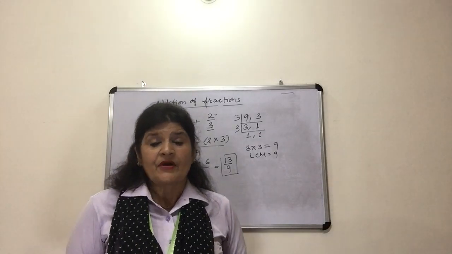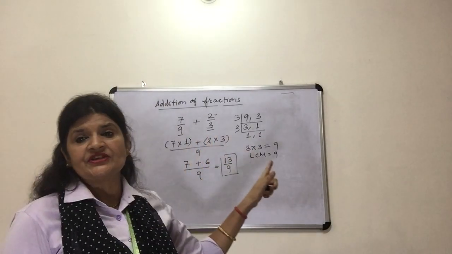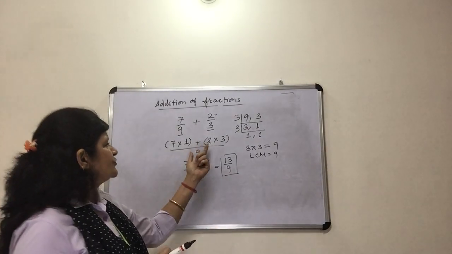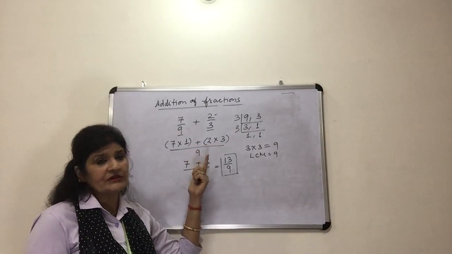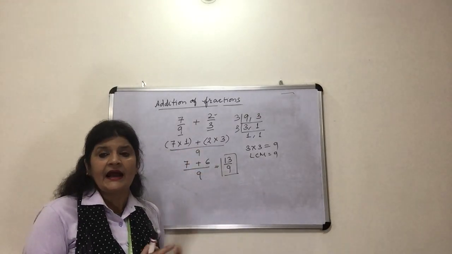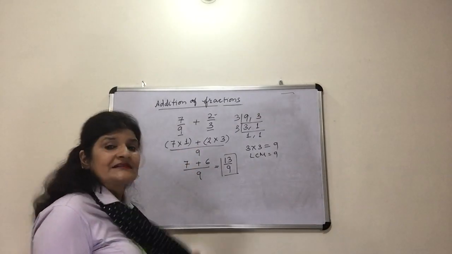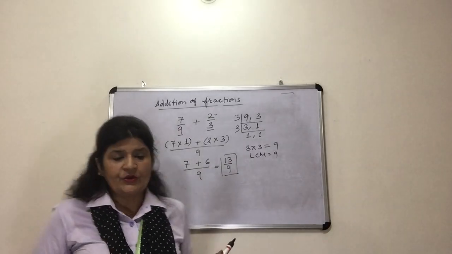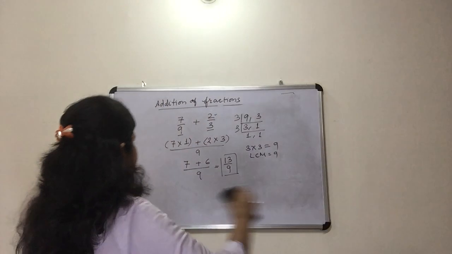Is this okay? Because if you understand this addition, the subtraction is the same as you have to do this addition. Because in both, only the operation is changed. Here we are putting the addition sign, and in subtraction we will put the subtraction sign. So now I am showing you how we will do the subtraction.